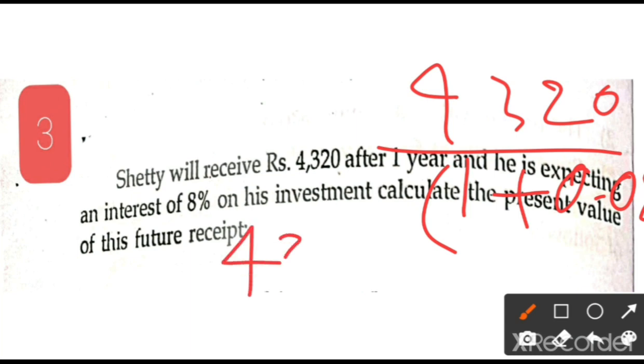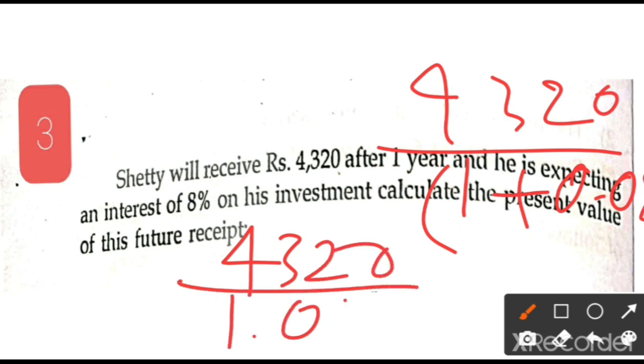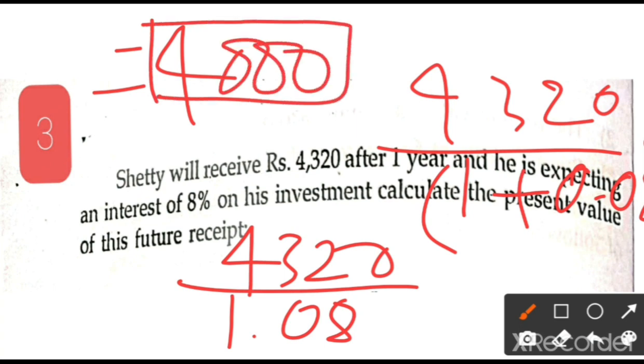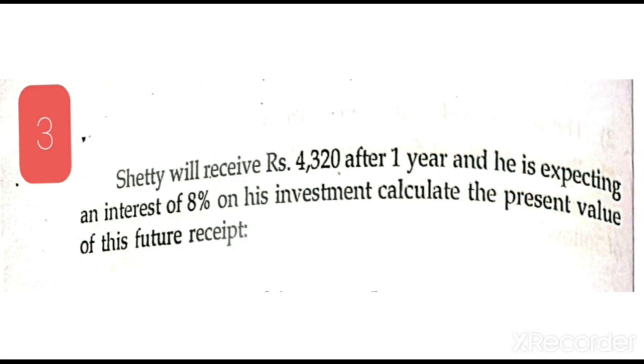So 4,320 divided by 1.08 is the final answer. What is the answer? Final is 4,000. If he invested 4,000 rupees today, after 1 year he is going to receive 4,320.